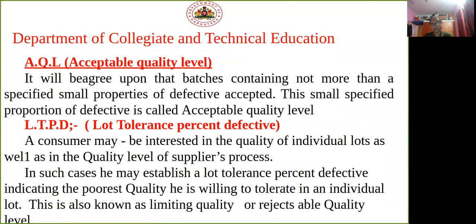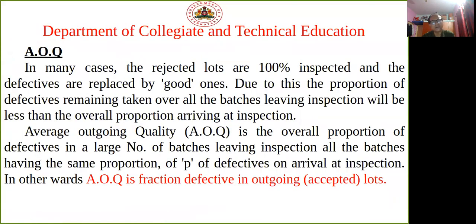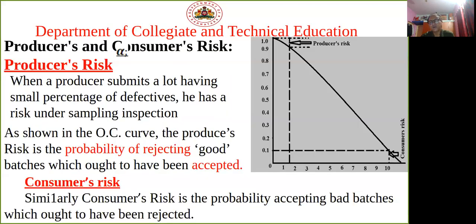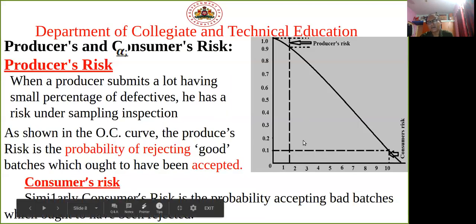In the OC curve, these are the 2 points called the acceptable quality level and the LTPD, that is, lot tolerance percentage defective. I'll show you these 2 points in the OC curve. Here in the OC curve, you can see my cursor.